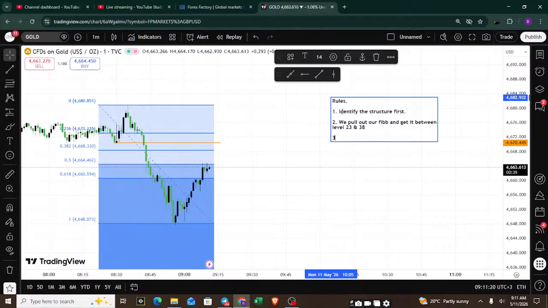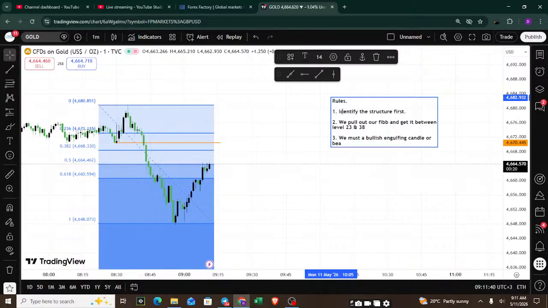Number 3, we have mentioned this, that we must have a bullish engulfing candle, or a bearish engulfing for a confirmation. In our case, we are going to be checking for a bearish engulfing candle. The bearish engulfing candle is one of the strongest candles.